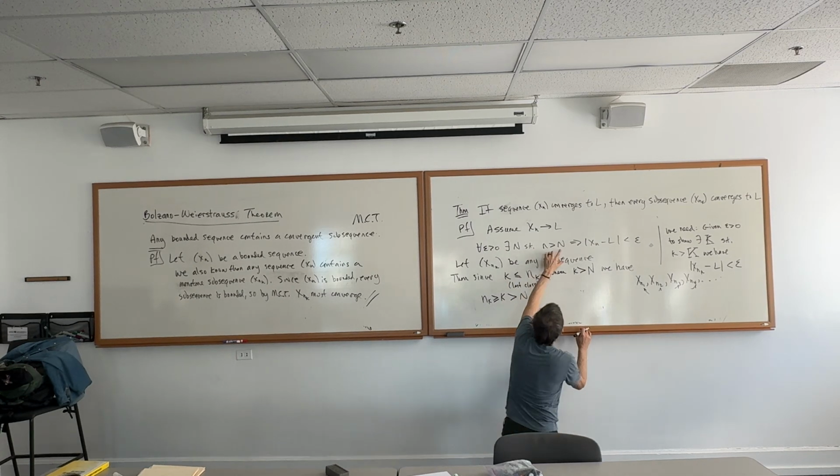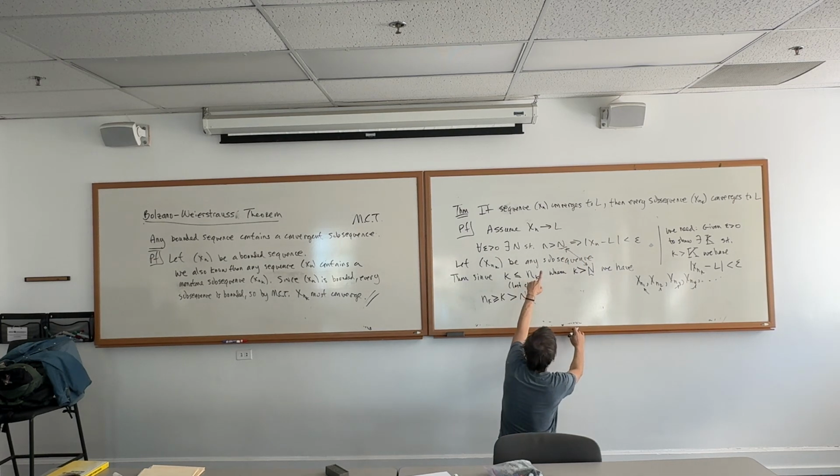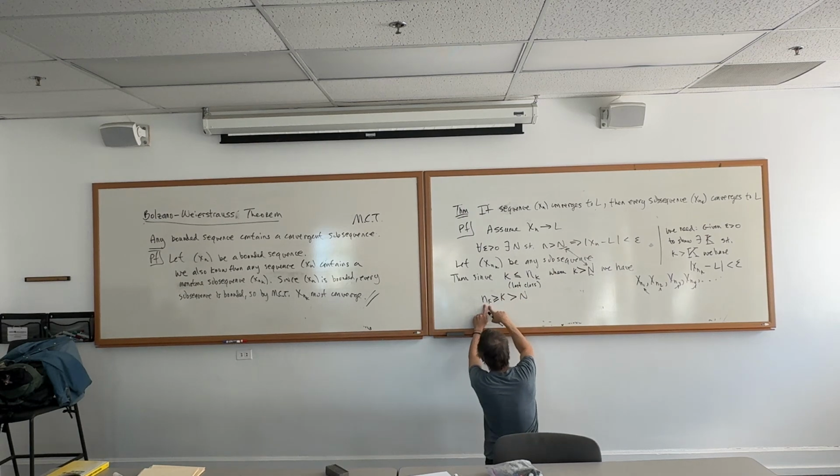So this n right here is this n right here. These are the same n. I'm just saying, as soon as I pick something bigger than that, I know that this happens whenever the index is bigger than that capital N. So this is just a different index, and it's bigger than or equal to its little sub-index.